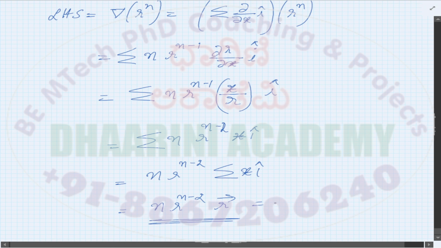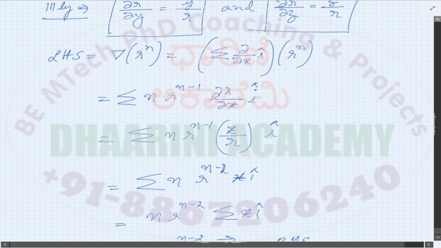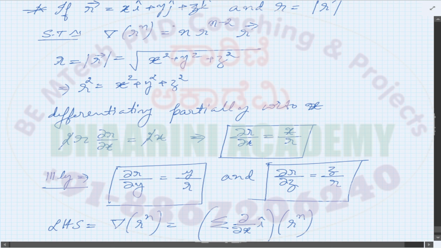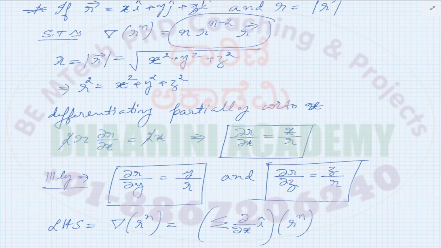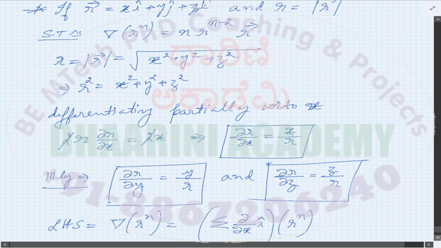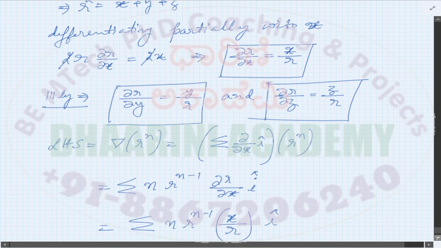Okay, so this was the RHS that is given, right? So you can just verify this is what has been asked. So show that n into r to the n minus 2 into that vector r. This is what they asked us to prove.